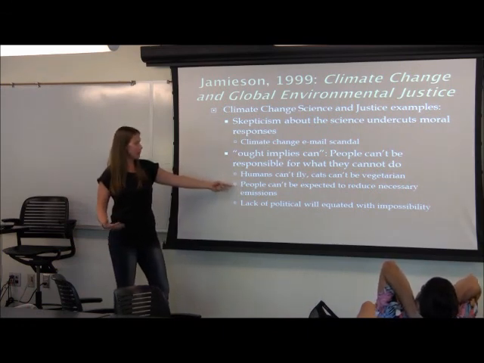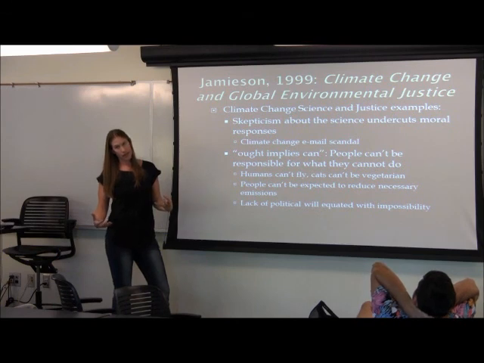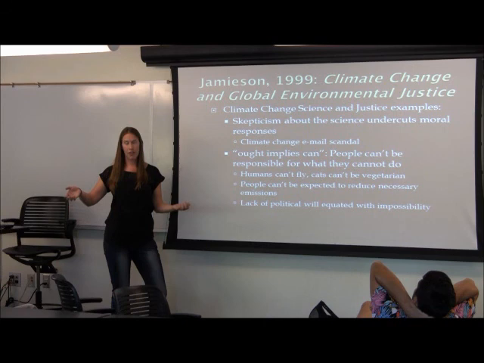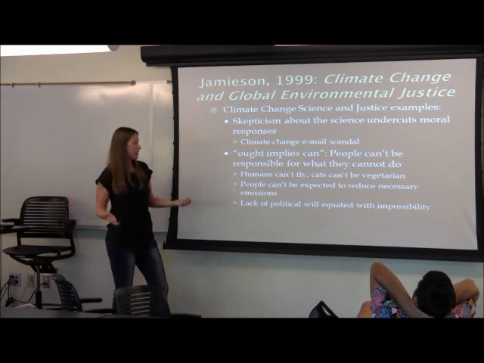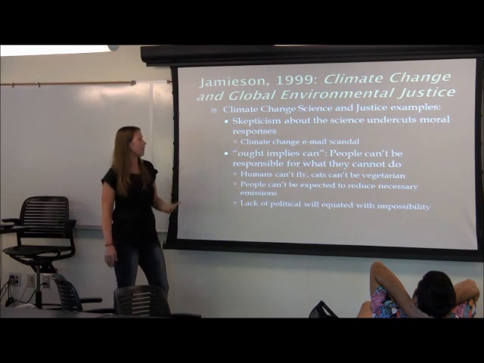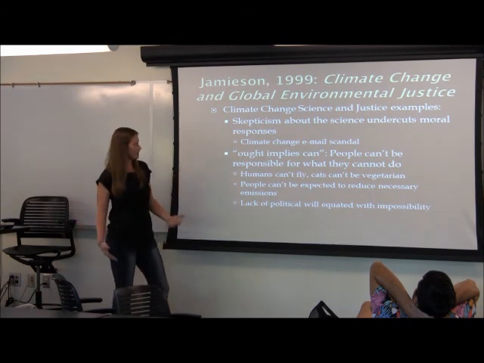People can't be expected to reduce their necessary emissions. You shouldn't be expected to stop driving to work if you need to go to work to get income. Maybe you would be expected to drive a more fuel-efficient car, or maybe you should be expected to turn on your thermostat at home, but not feeding yourself or not doing the things that you absolutely need to do to survive. You can't be ethically responsible for doing those things.